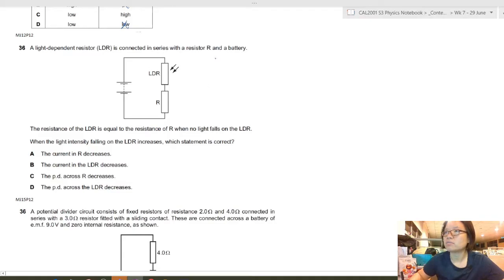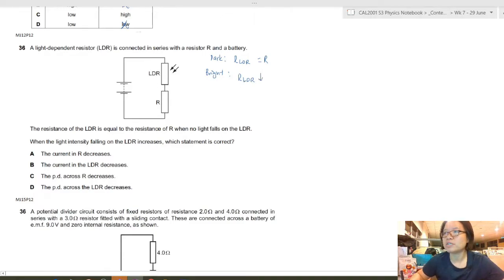Anyway, when there is no light, so in darkness, RLDR will be equal to R. So the potential difference across them is the same. When the light falling on the LDR increases, that means bright, your RLDR will decrease. Okay?